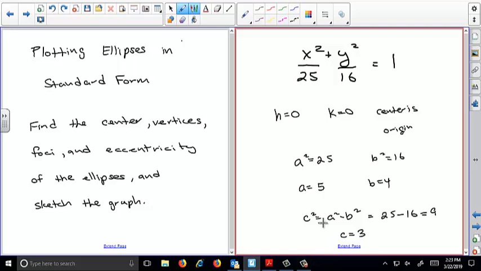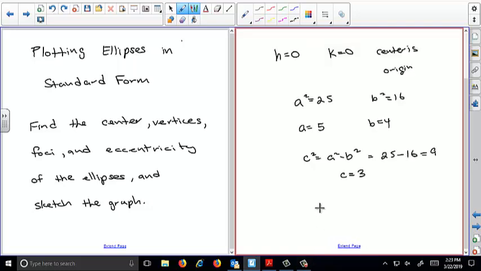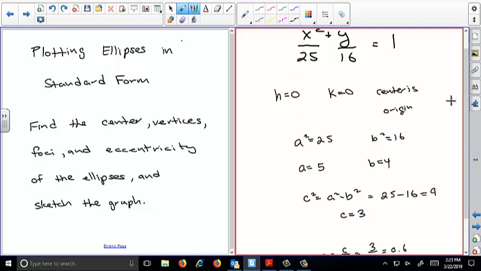Okay, so we can calculate the eccentricity here, because eccentricity e is c divided by a. So we get 3 divided by 5, 3/5, 0.6. Okay, so let's get a piece of graph paper.